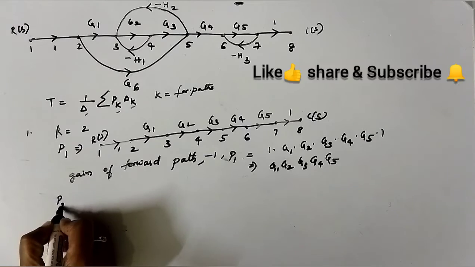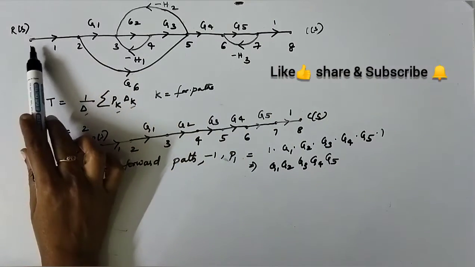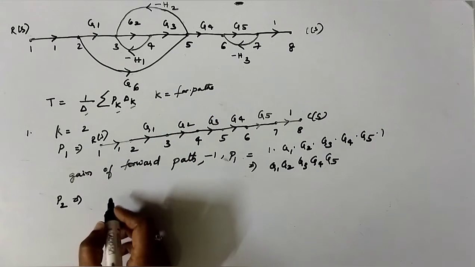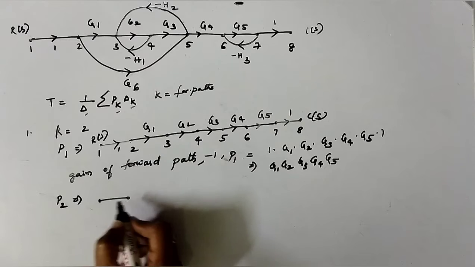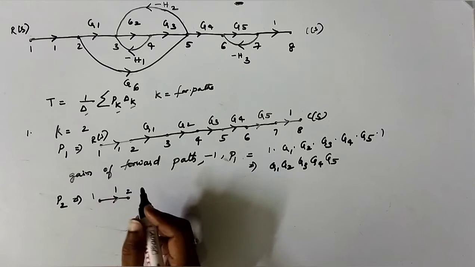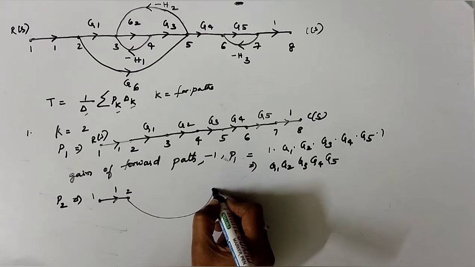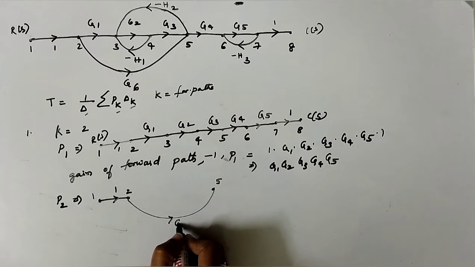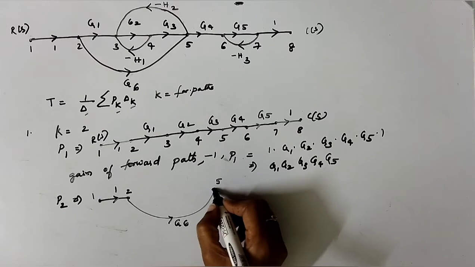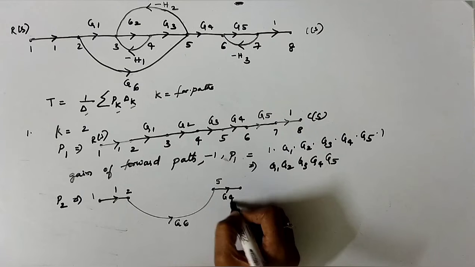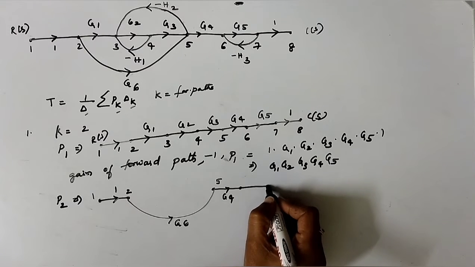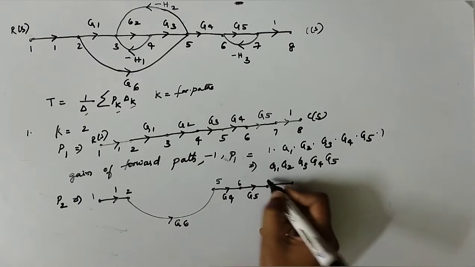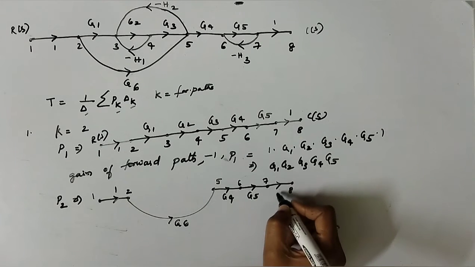For path 2, we have identified the path from 1 to 2, 2 to 5 and 5 to 6, 7 and 8. Let's draw that path. 1, 2, this is 1, and 2 to 5. That is nothing but G6 followed by G4, then followed by G5, followed by 6, 7 and 8 and 1.